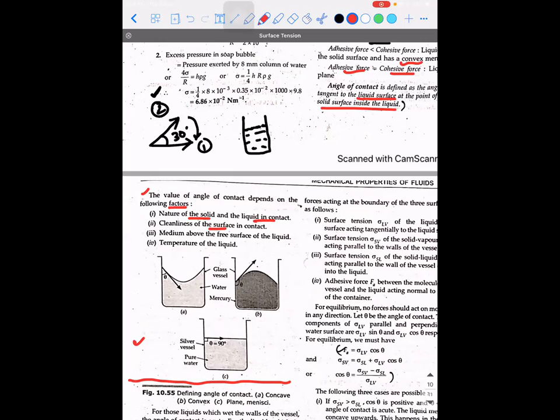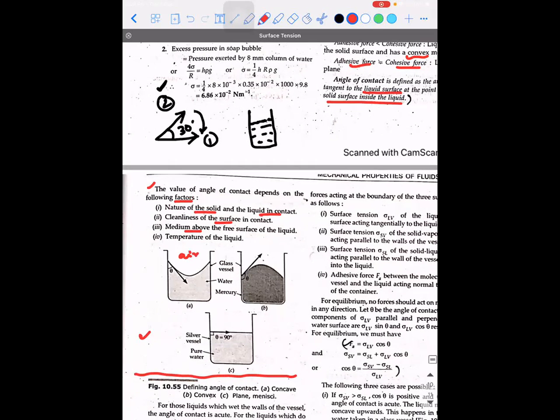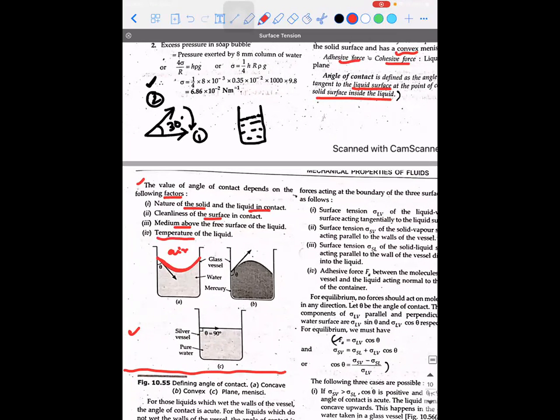Third, it depends on the medium above the free surface. If it is air, the medium above it will decide how much pressure it applies on the liquid, and that will also control the concavity or convexity of the surface. And fourth, the temperature of the liquid. So these are the 4 factors on which the angle of contact depends.